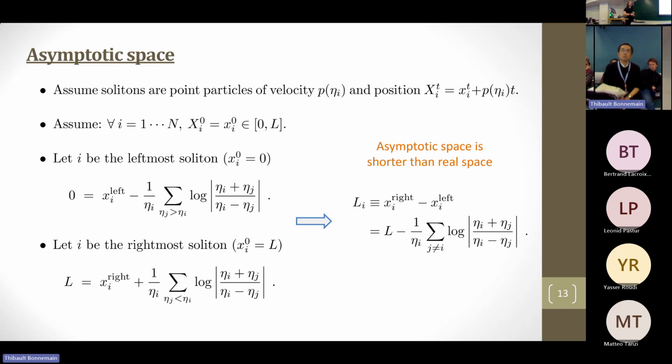And this relation between the asymptotic and real space will give me a way to express my entropy constraint in the partition function later on. But just before I do so, I need to introduce a few more notions because ultimately we want to take the limit n goes to infinity of this.